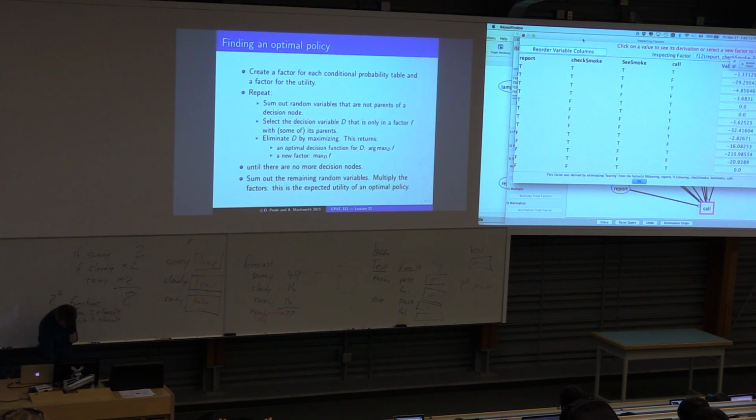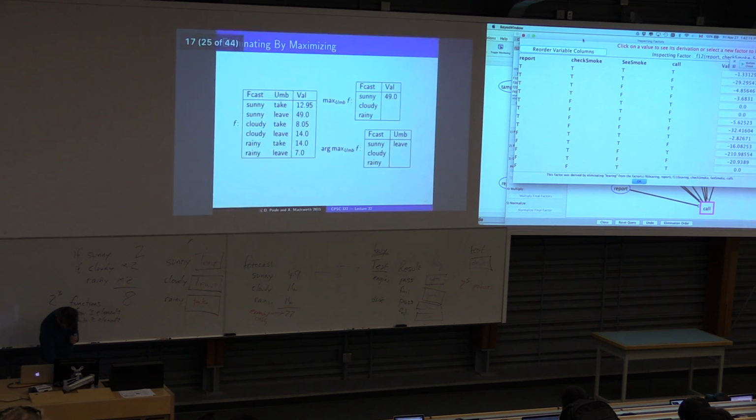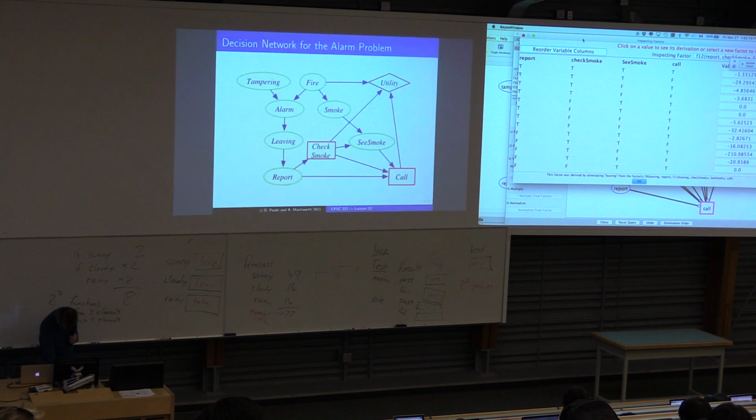Which decision variable is only in a factor with a subset of its parents? There are two decision variables, check smoke. Is check smoke in a factor with just a subset of its parents?